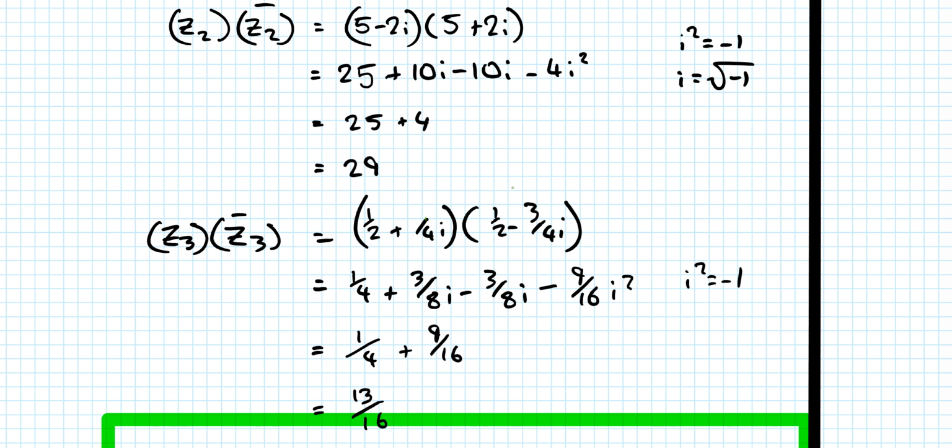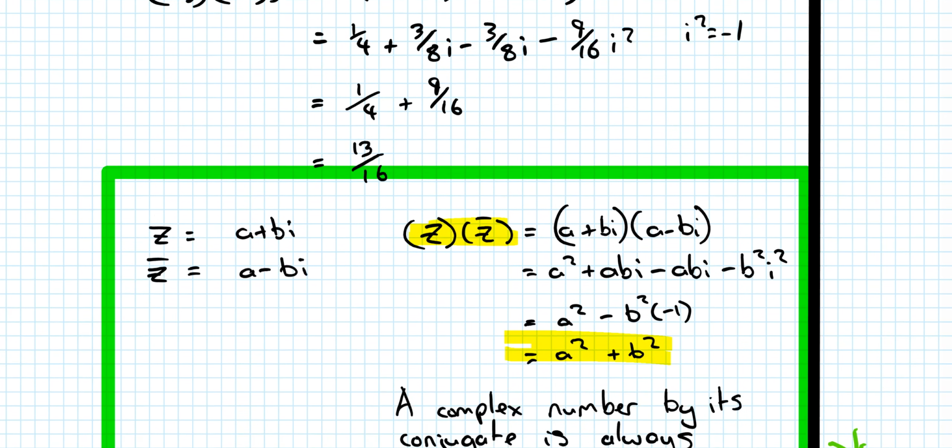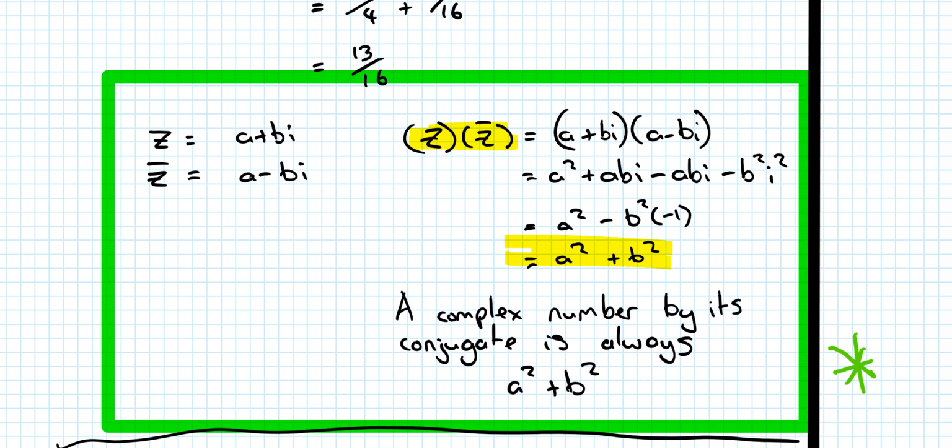When multiplying a complex number by its conjugate, you end up not having an i part. Now there's a shortcut to that. There is a rule that you can learn: if you had a complex number a plus bi, and its conjugate a minus bi, you will always get a squared plus b squared. It doesn't matter then.